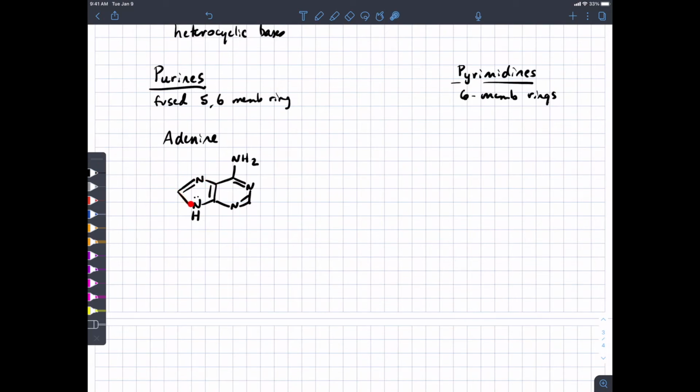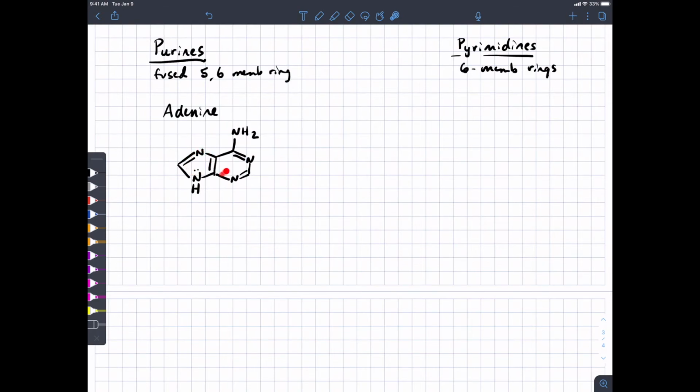Okay, so you've got a 5-membered ring, nitrogen here, nitrogen there. Then you've got a 6-membered ring with 2 nitrogens. I do want you to memorize the structure of the bases, so you're going to have to get used to where these nitrogens are. This nitrogen here is the one that ends up getting bonded to the sugar.